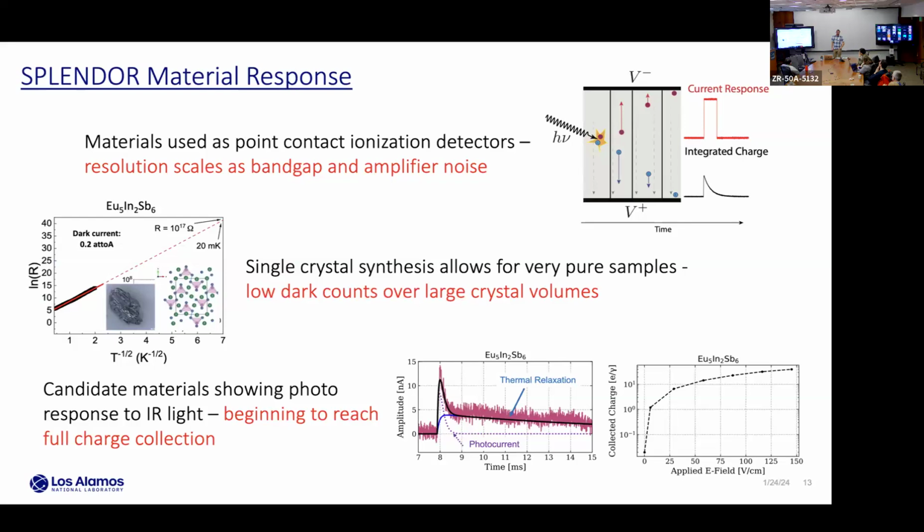So how to actually use these as detectors: we are just making standard ionization detectors, just like you would a normal photon detector. An important distinction that maybe I didn't clarify earlier, we're using these as intrinsic semiconductors. There's no doping or PN junctions or anything.